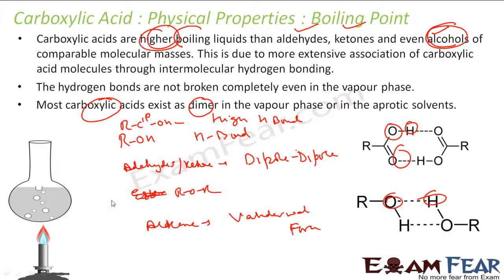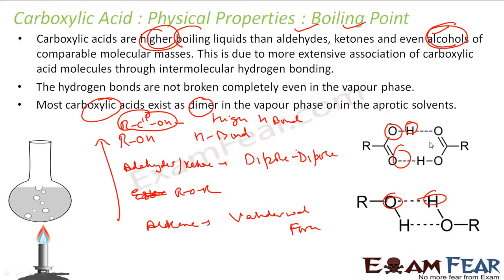So if we compare these, carboxylic acids have the highest boiling point. If you have 5-6 compounds with comparable molecular mass, carboxylic acid will have the highest boiling point because they have a very high extent of hydrogen bonding. And then is the alcohol, because they have hydrogen bonding at least. And then we have aldehydes and ketones. They don't have hydrogen bonding, but they have dipole-dipole interaction.